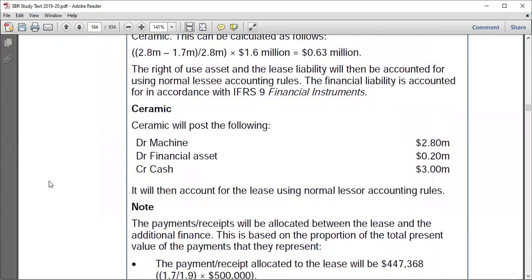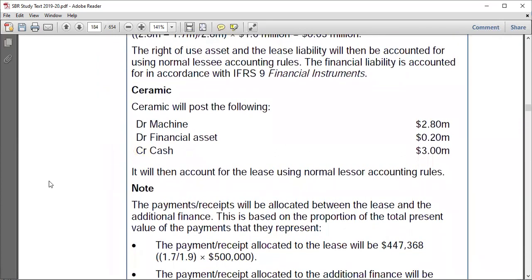For Ceramic there is nothing much. When we deal with Ceramic, we post the following, because Ceramic just bought an asset, so Ceramic would have a machine of 2.8 million, right? Ceramic paid 3 million, no issue.